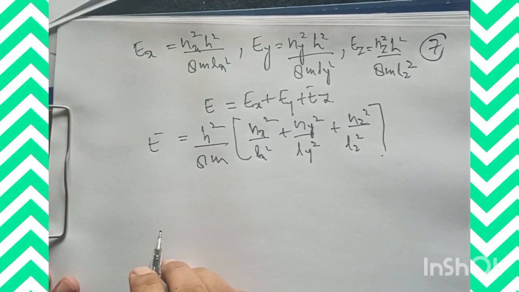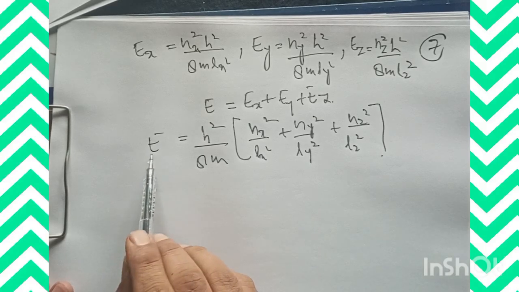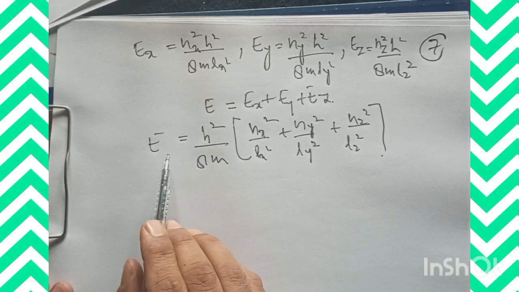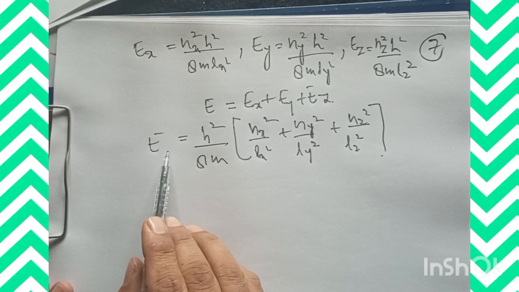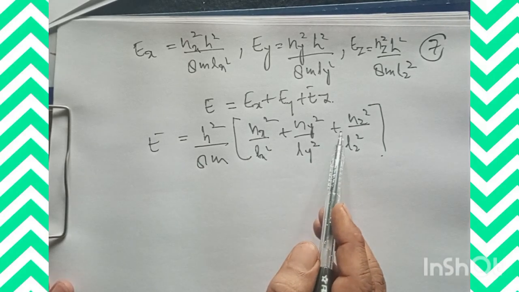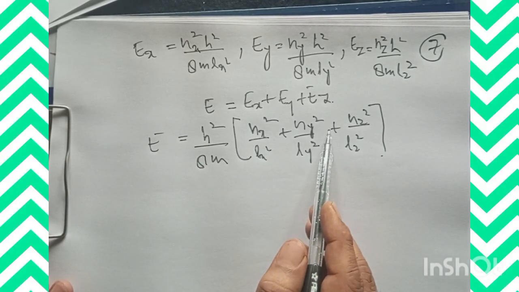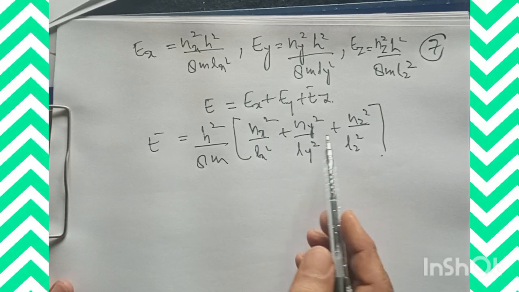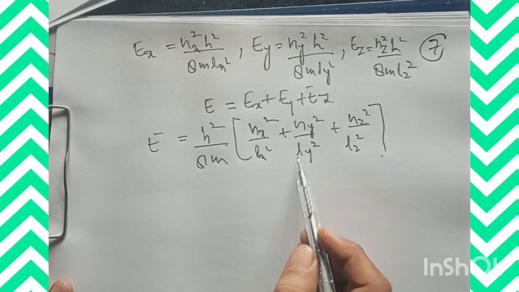So here we can understand that the value of the energy that this particle will have, it will have some specific values in the box. And this nx, ny, and nz simply denote any set of three positive numbers.